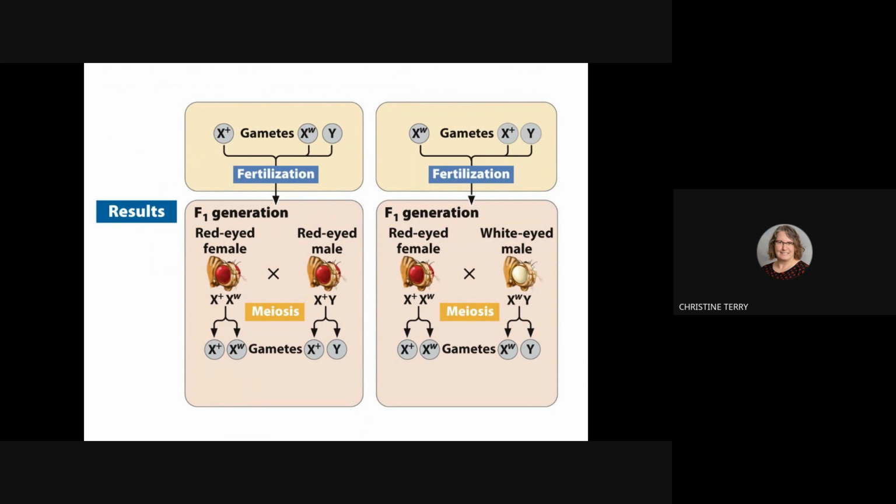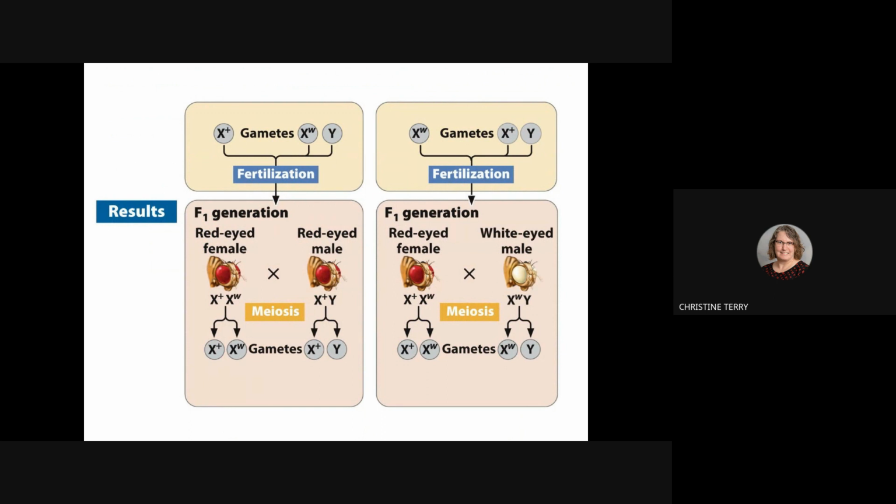This X can be fertilized by this X from the sperm, and you get a heterozygous fly, but there's a dominant allele, so they have red eyes. Or this X with a wild-type allele can be fertilized by the sperm with a Y, and you get all red-eyed males. So red-eyed females, red-eyed males.